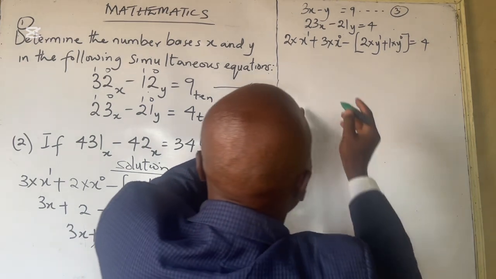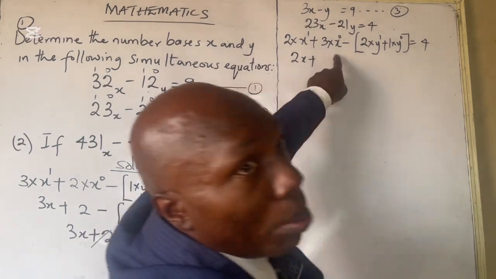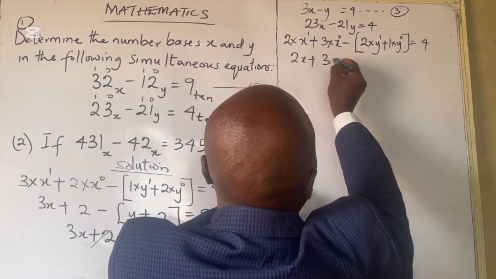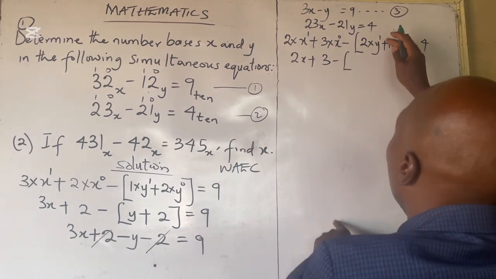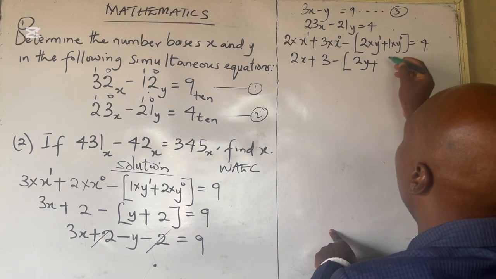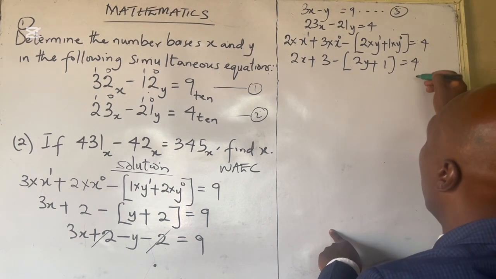If we do this very well, we have 2x, x raised to power 0 is 1, so that will give you 3, minus y raised to power 1 is y, times 2, that's 2y, plus y raised to power 0 is 1, 1 times 1, 1, equals 4.